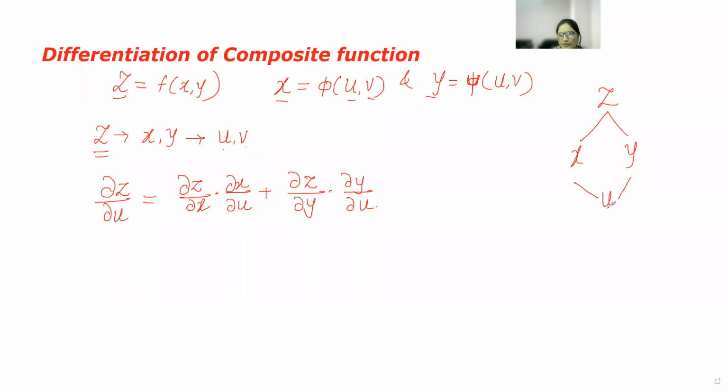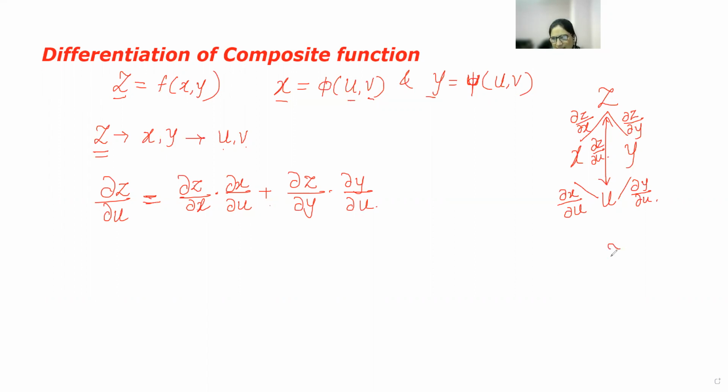Later on we are taking v. So first we are taking dou z by dou x, then dou x by dou u. Here it is dou z by dou y, and here it is dou y by dou u. So we are taking the derivative of this z with respect to u. It is dou z by dou u. So dou z by dou u, by using chain rule, we are getting dou z by dou x into dou x by dou u plus dou z by dou y into dou y by dou u.